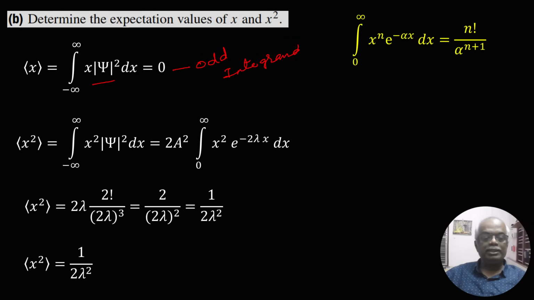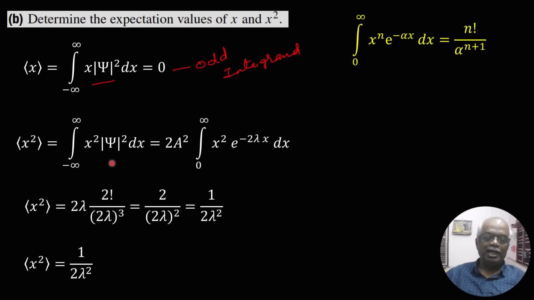What about the expectation value of x squared? By definition, it is the integral from minus infinity to plus infinity of x squared modulus psi squared dx. So psi squared is e to the power minus 2 lambda modulus x.